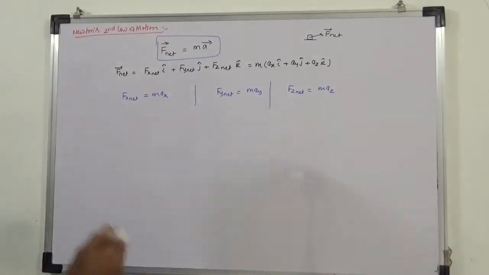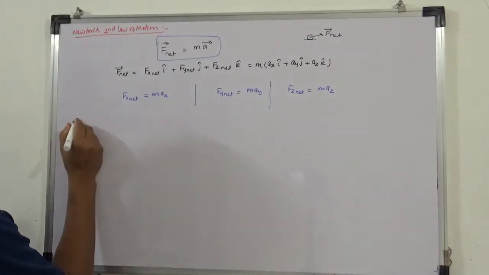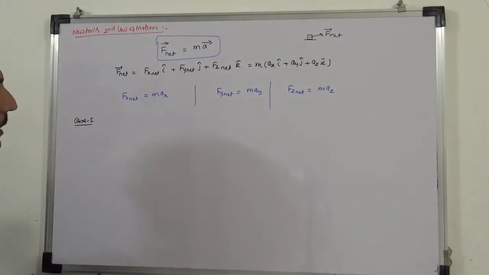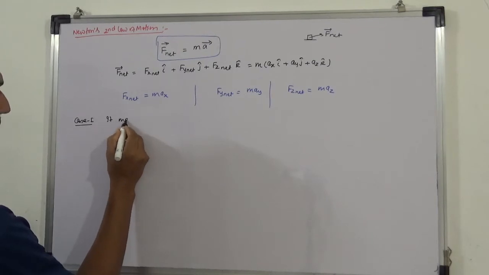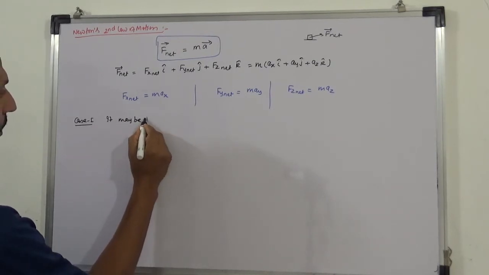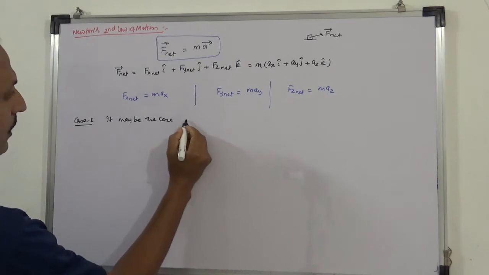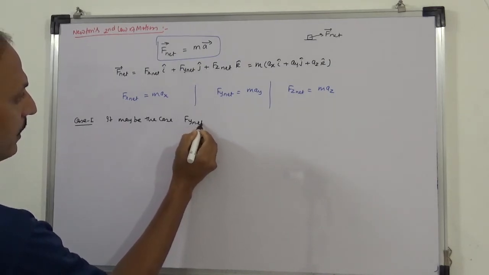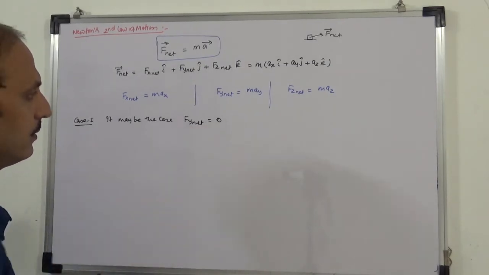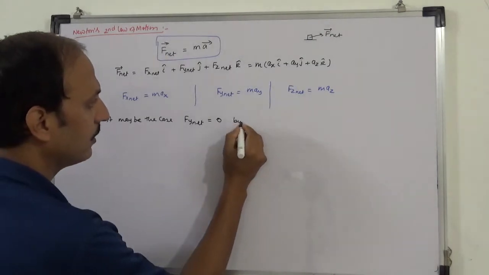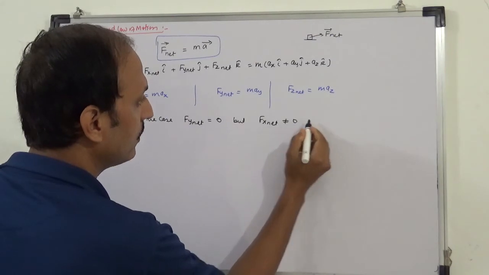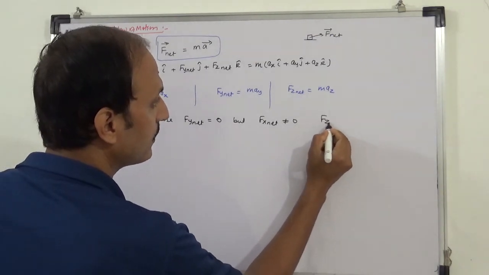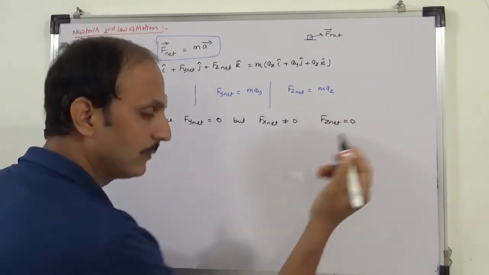So let's see, just write first case, case 1. It may be the case that force along y is 0 but force along x and force along z are not 0. That may happen.